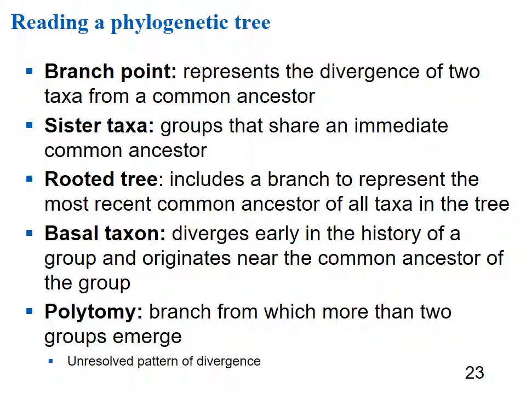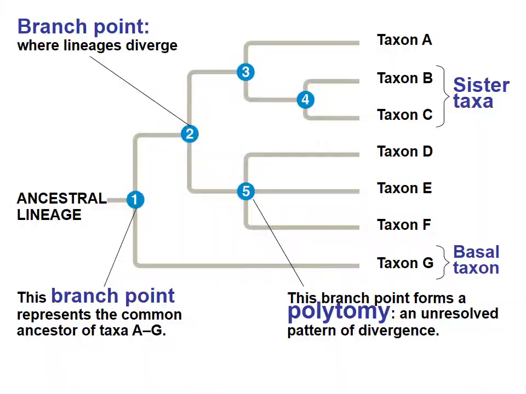The basal taxon is a group that diverges really early in the history of the group and originates near the common ancestor of the group. And a polytomy is when we have a branch from which more than two groups emerge. This means we have an unresolved pattern of divergence, and we probably need more data to resolve that.